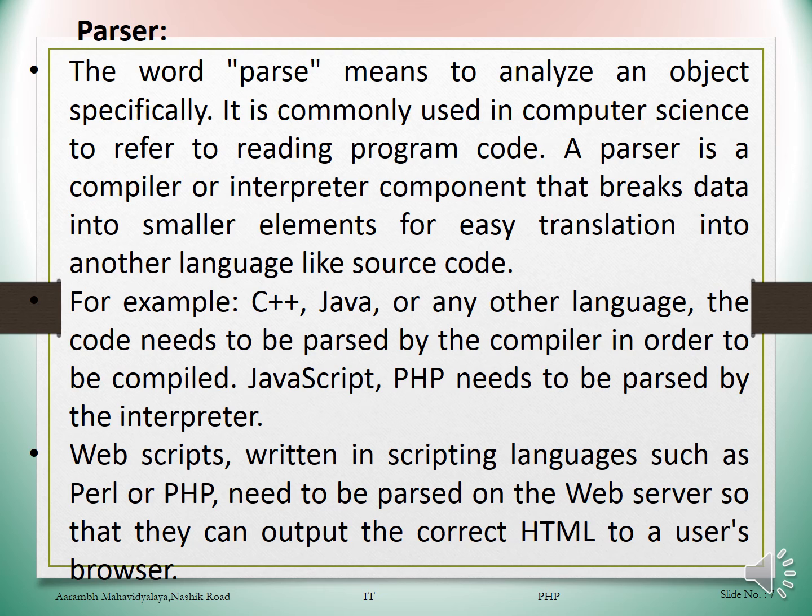Source code is nothing but the computer readable program. Whatever the program we are providing, that is not computer readable, and to translate it into the computer readable, some specific tools are required, and these are the compiler and interpreter. Depending on the language which we are using, compiler or interpreter gets activated.